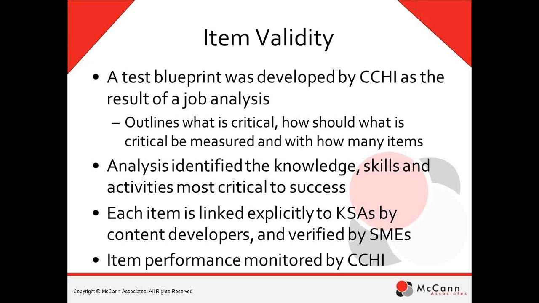Each test item is explicitly linked to a KSA, or knowledge, skill, or activity, described in the job analysis report. And the test content developers completed that initial linkage, and CCHI-led subject matter experts verified the content developers' linkages. Item performance is continuously monitored by CCHI with technical assistance from McCann.